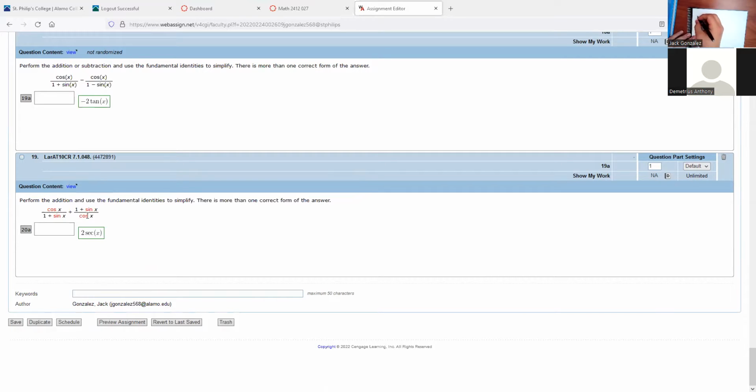Let me write this down. I'm going to shorten this up, add and simplify. That's really all they're asking for. Example number 7.